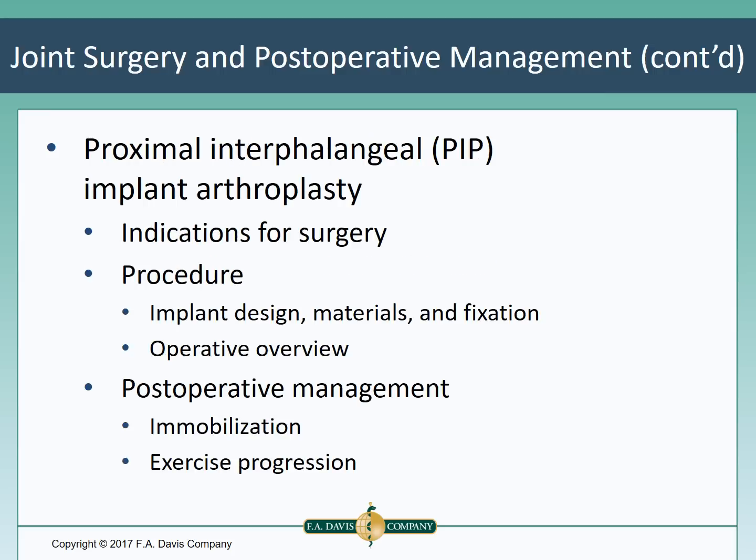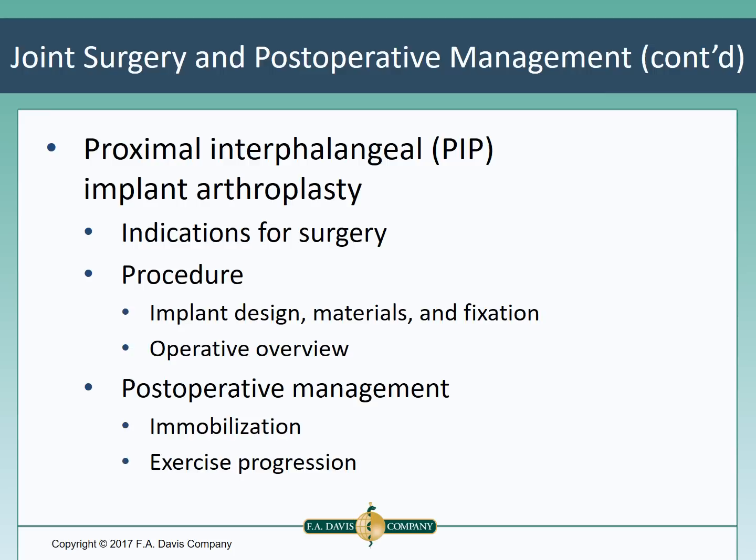All right, now you got your PIP joint replacement. Woohoo! All right, what do you think the indications for surgery are here? Can we guess they're going to be pain or loss of hand function or stiffness or deformity? Man, it seems like a common trend here. With the immobilization for these folks, again, we got to immobilize in a position that will help improve the function of the rest of their hand.